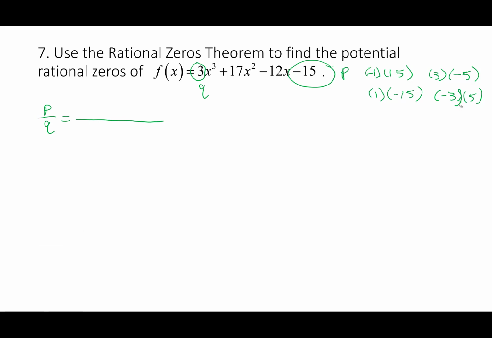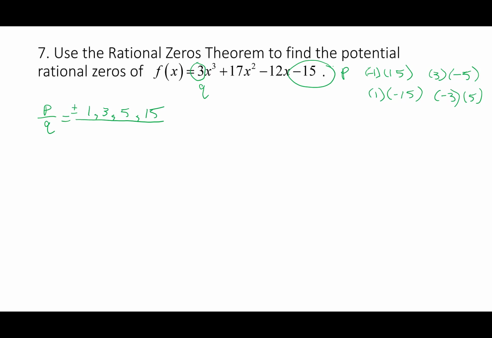Okay, so any of those numbers that we're multiplying together there would work as numbers that we need to include for possible rational zeros here. Okay, so my p's are going to be, and to be kind of lazy, I'm just going to put plus or minus out here in front, plus or minus 1, 3, 5, 15. Okay, so we've taken care of all the integer factors of negative 15.